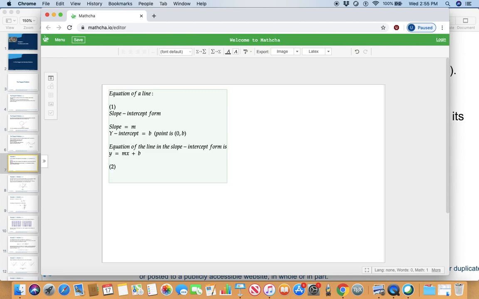Another form of writing an equation is called point slope form. You are given a point (a, b) and suppose the slope is m.